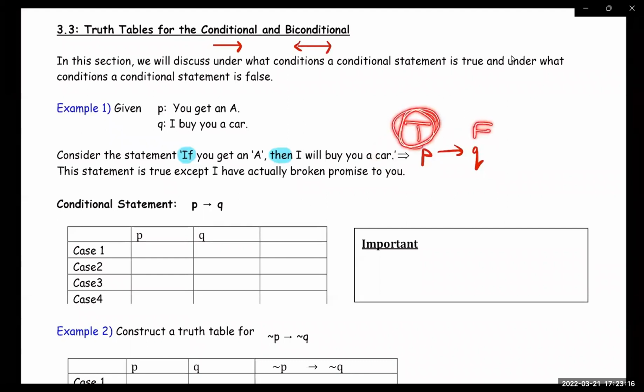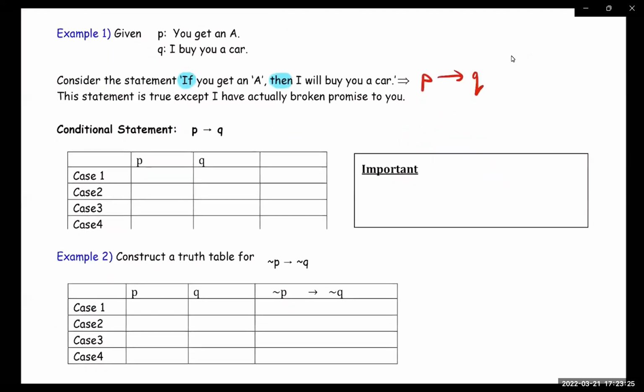Because you said something and you did something else. That's the only time this will be false. So let's fill out the truth table for it. We have true, true, true, false, false, true, false, false. Those are the 4 different cases.